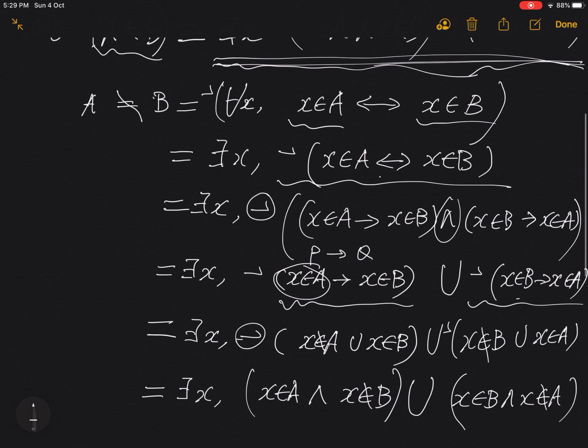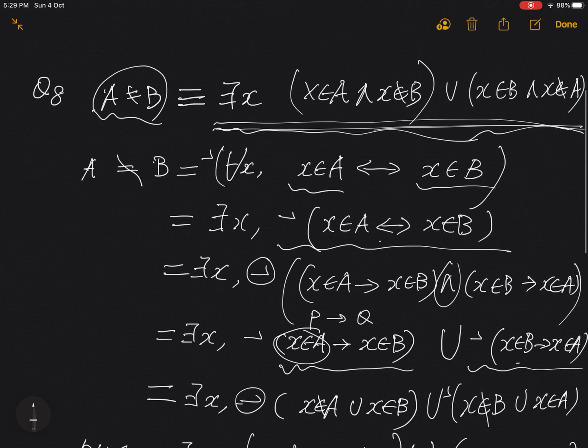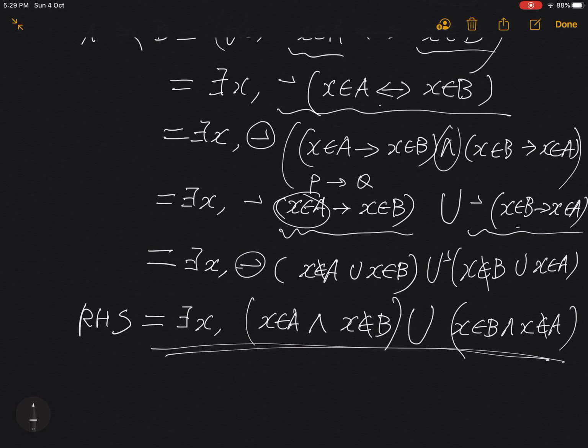It's the same, right? So that's the right hand side. So this statement is proved.